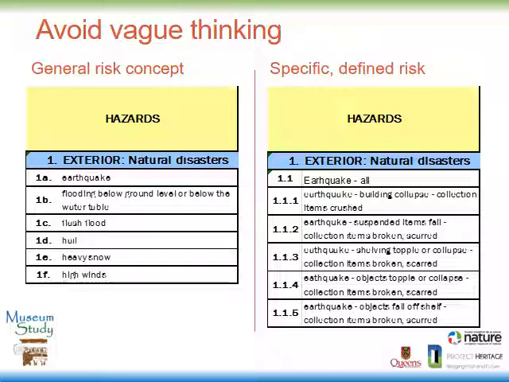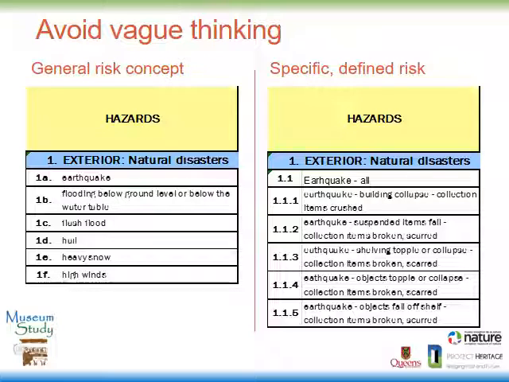So you'll recall that we're trying to encourage ourselves to come up with specific defined risks. So we might replace this 1A earthquake hazard with a 1.1 earthquake, all sorts of effects, and then underneath that have a number of specific risks.